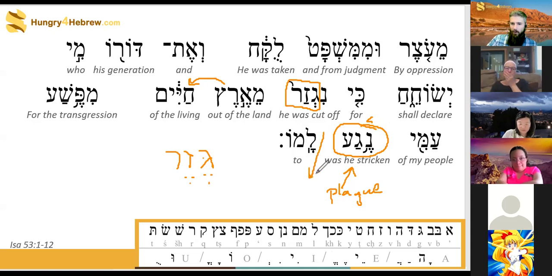Now here's a nominal sentence in which we can supply the verb was. Lamo, to him. What do we do with this? Is this lahem, to them, or to him? It's to him. It's another form of it though that we're not used to.